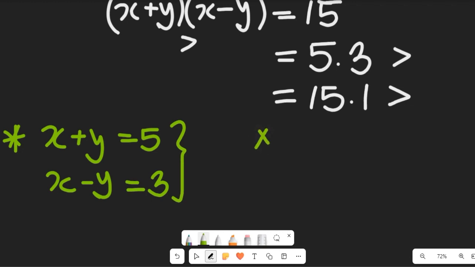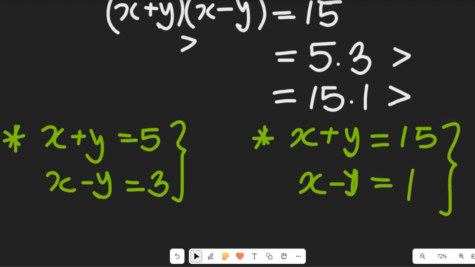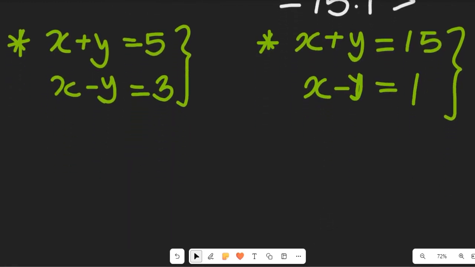On the other equation, we can also have x plus y equal to 15, and we'll also have x minus y equal to 1. This is another expression. So we're going to solve these two expressions simultaneously in order to get the values of x and y. And remember, they said x and y are elements of natural numbers.